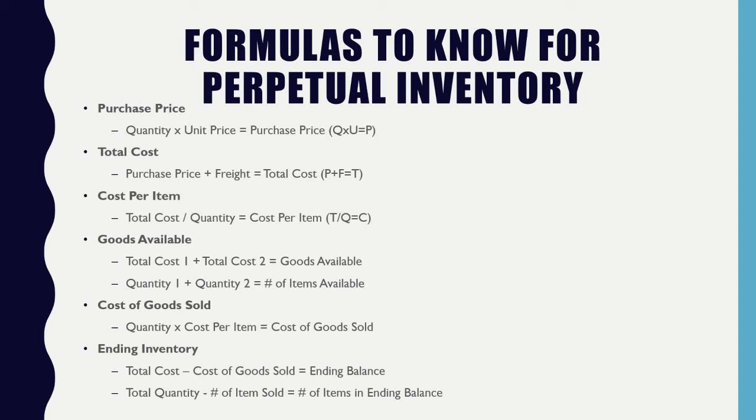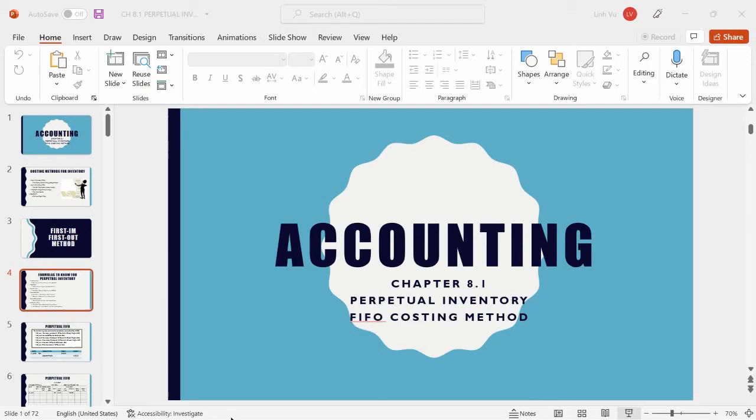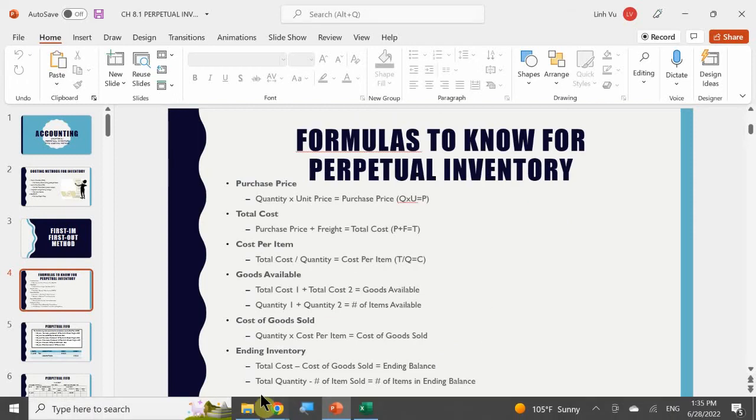Your goods available is going to be in a separate table, involving your total cost and your total quantity. And of course, you're always going to know what your ending balance is at all times.